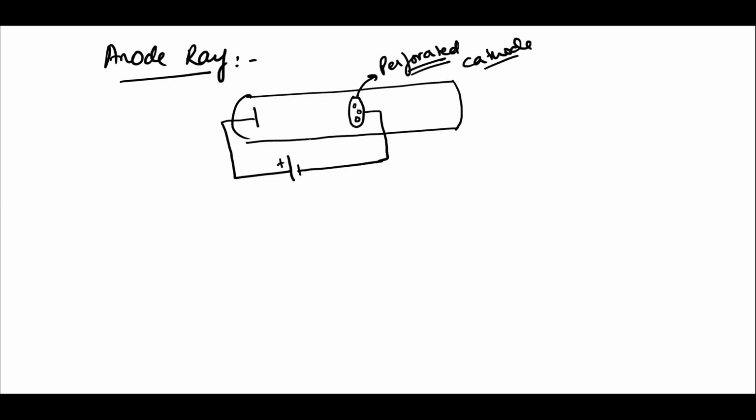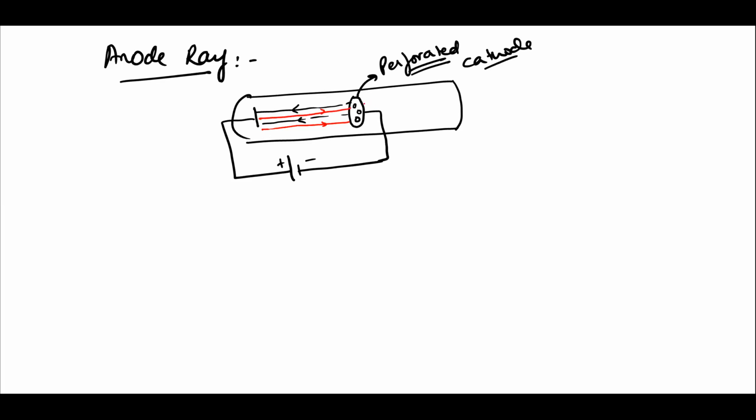When high voltage electricity is applied and we are decreasing the pressure, and the voltage is high, we observe not only rays moving from the negative terminal to the positive terminal, but also some rays moving from the positive terminal to the negative terminal.